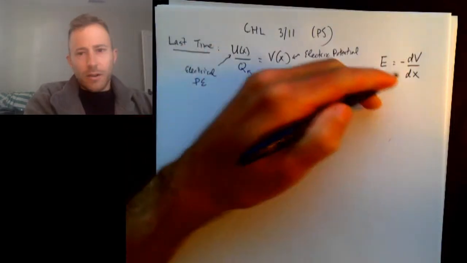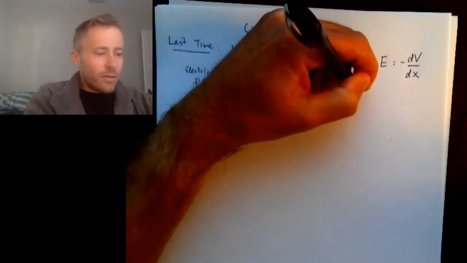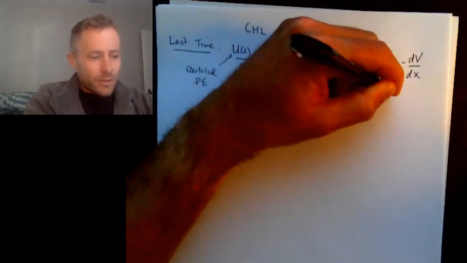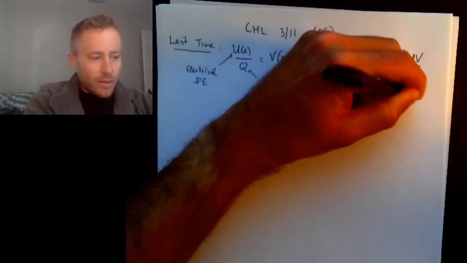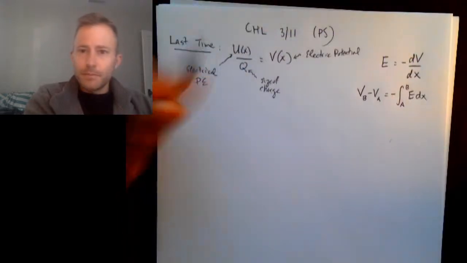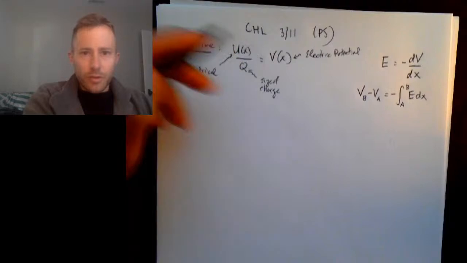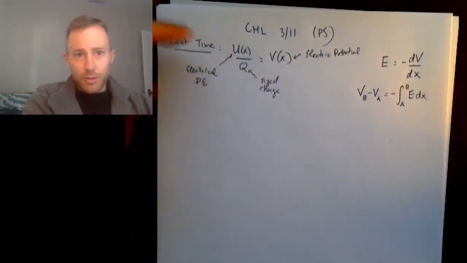And by integrating this equation, you are able to show that VB minus VA is negative the integral from a to b of E dx. Okay? So these equations tell us a lot about units.